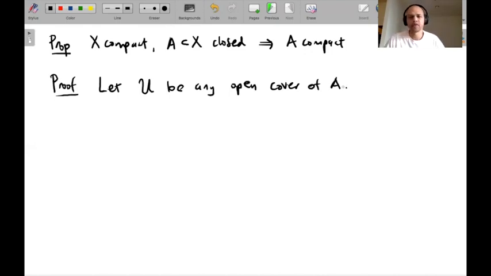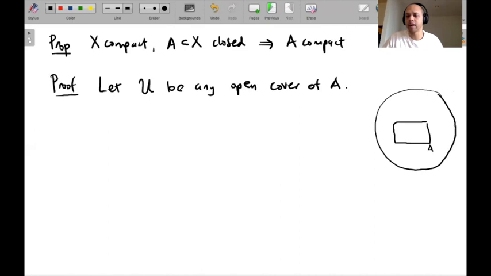And the assumption that we have to work with is that A is contained in, so let me draw a little picture here. So we have A is contained in some X, which is compact. And what we're given is some open cover U of A. We don't really know what it looks like.